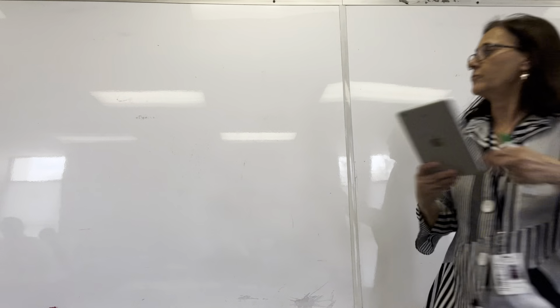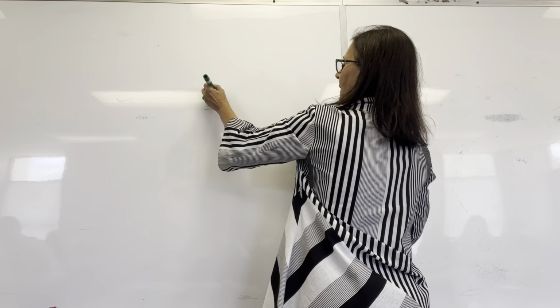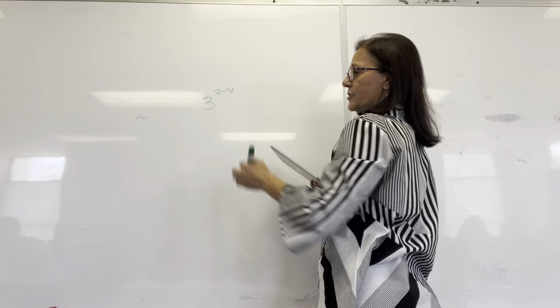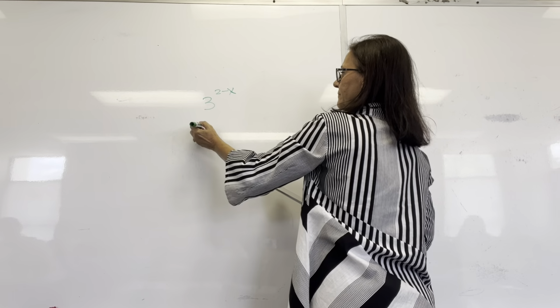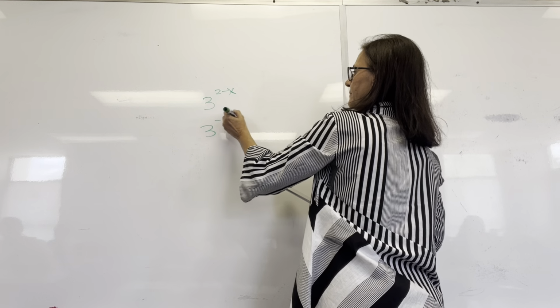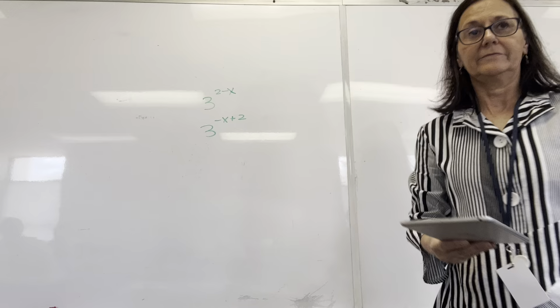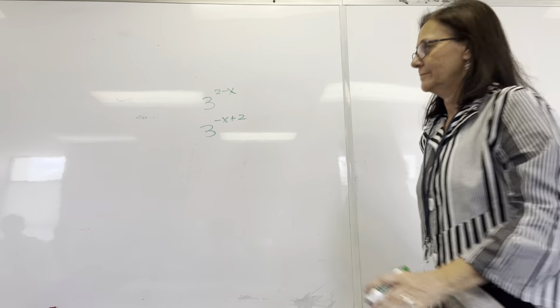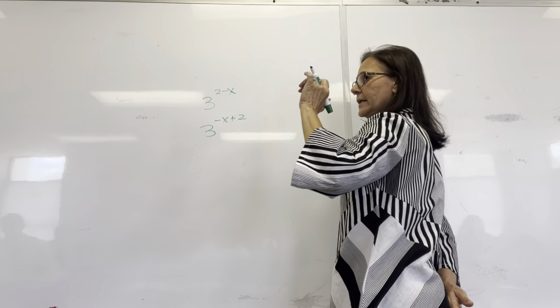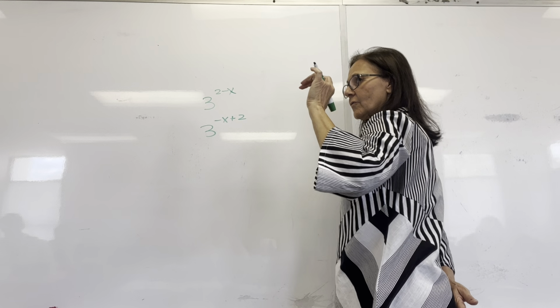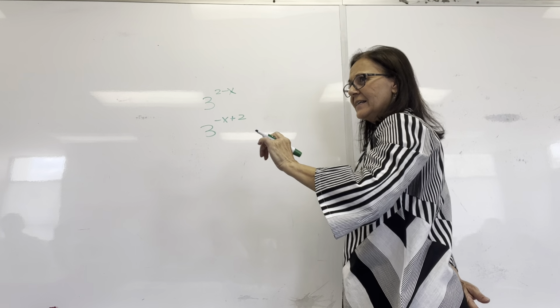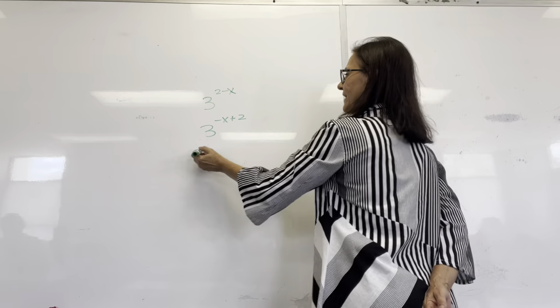Your x has to go out front, and you have to factor out the negative, because the negative doesn't go with the x, it's the reflection.